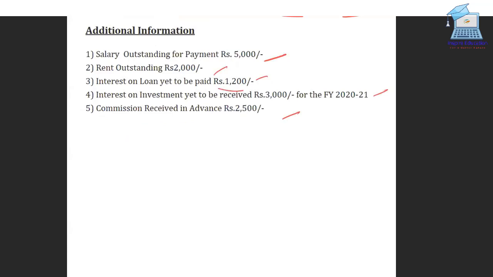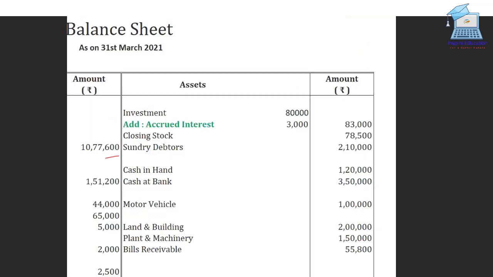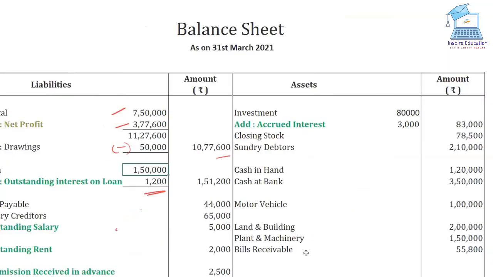Interest on loan yet to be paid, 1,200. Means this is yet to be paid. Anything yet to be paid is my liability. So we have posted this amount on the liability side, and we have added that amount with the loan amount.